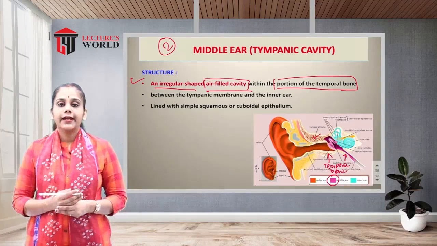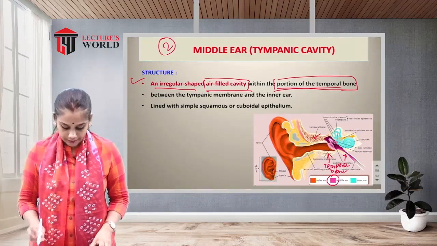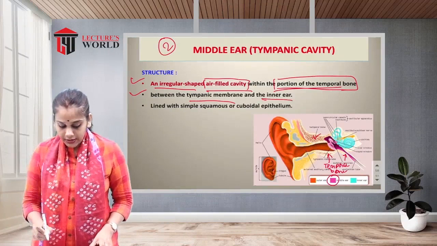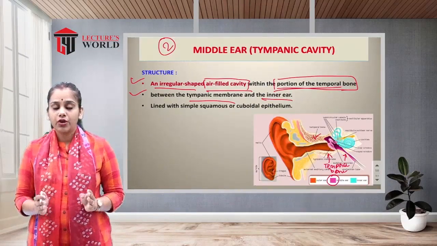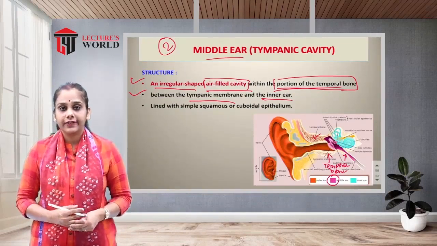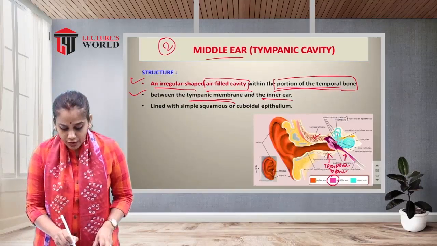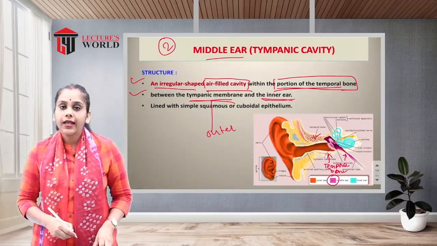So that is a portion of the temporal bone between the tympanic membrane and the inner ear. The middle ear is located between the outer ear and the inner ear, from the tympanic membrane to the inner ear.